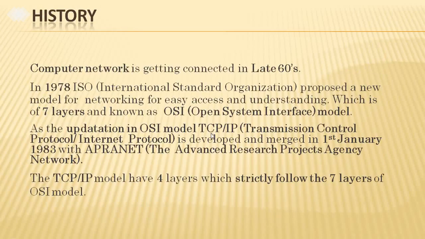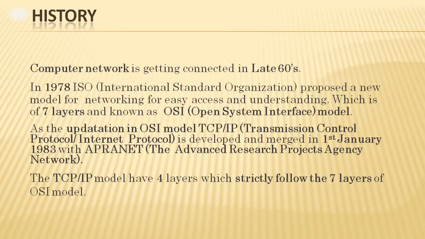Now next is the history. Computer networks were getting connected in the late 60s. In 1978, ISO, the International Standard Organization, proposed a new model for networking for easy access and understanding, which consists of 7 layers and is also known as the OSI, Open System Interconnection model.